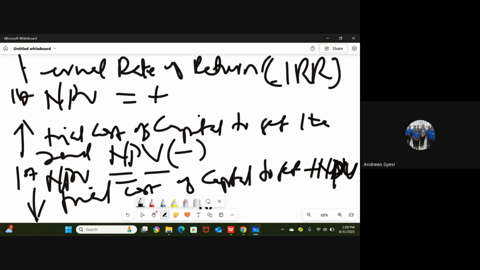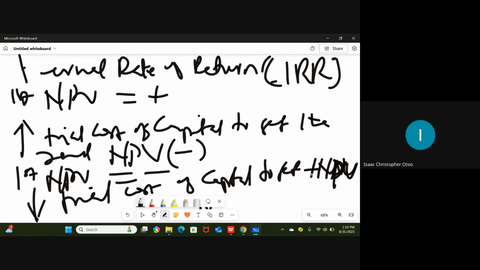Sir, is there any reason for that? Because when we calculate IRR, we should get zero from the NPV. But you calculated and did not get zero, you had a higher positive. So still we have to get zero.